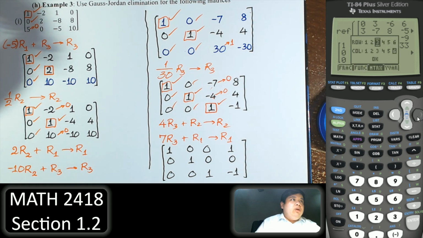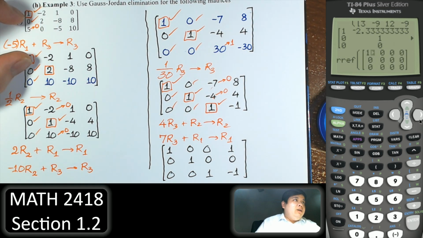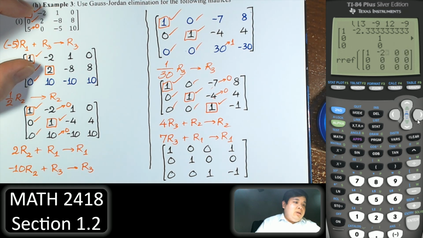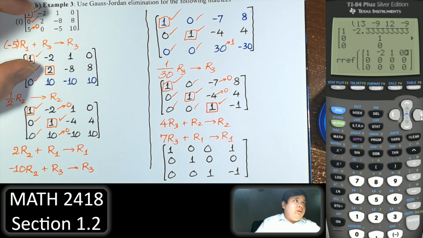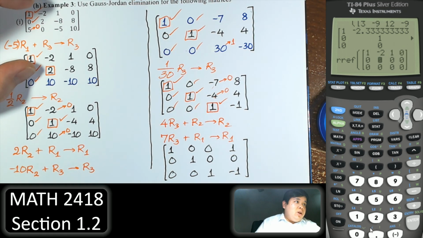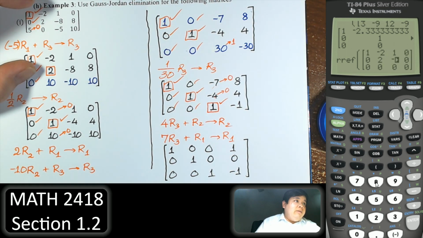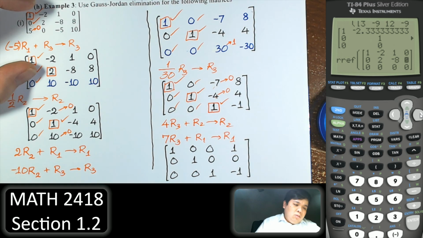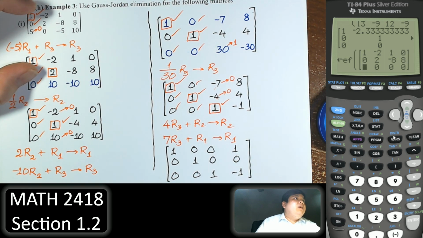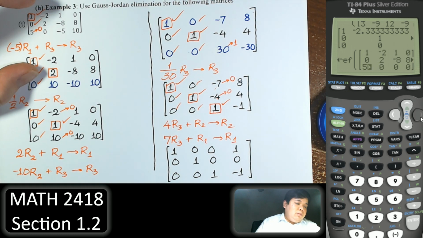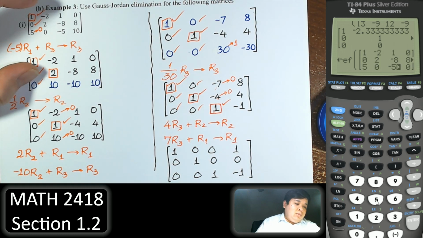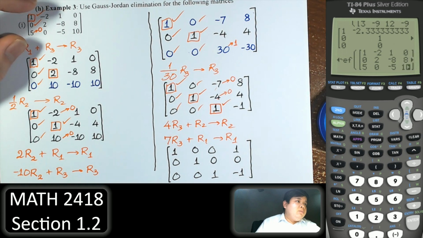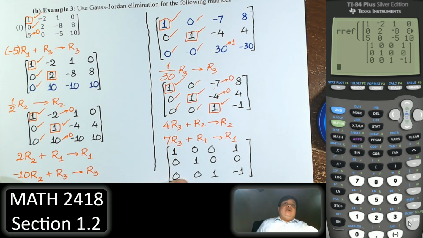This is a 3 by 4. 1, -2, 1, 0, 0, 2, -8, 8, 8, 5. Right, that's exactly what we have.